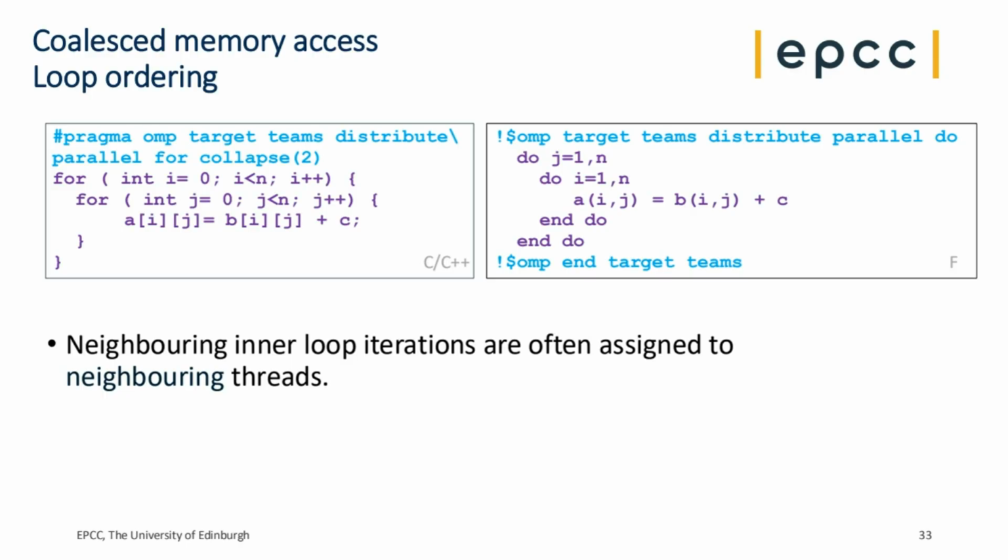For C, we have row major, so an element at position J is next to the element at position J plus 1 if I remains the same value. For Fortran, it's the other way around, so we would have J indexed in the outer loop. This is how we need to organize things to make sure that when data is accessed by the threads, it's coalesced memory.